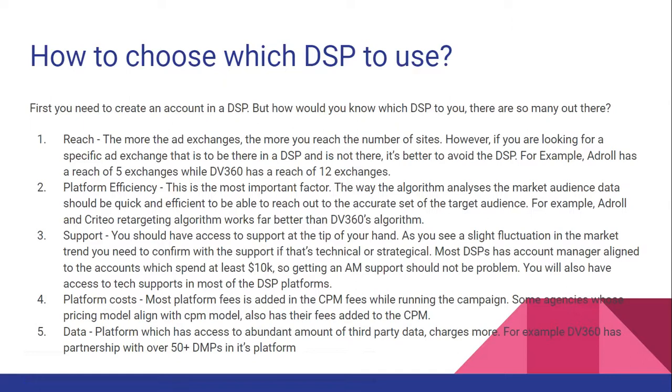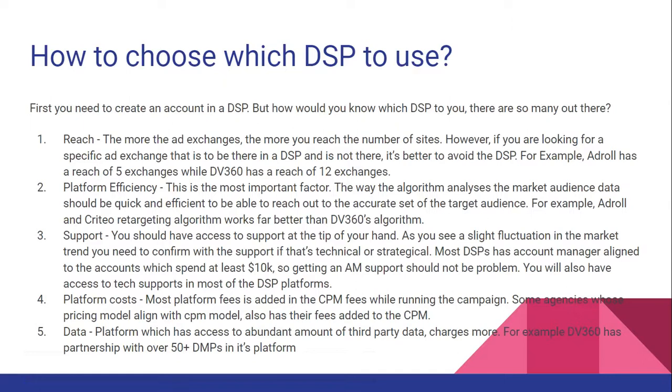Now, these numbers will change. It completely depends on what DSP you're using. So, there are more ad exchanges that some DSPs might use, and you might want to use that. Okay. So, the more ad exchanges you have, it means you have access to more inventories, and that too in an effective manner.